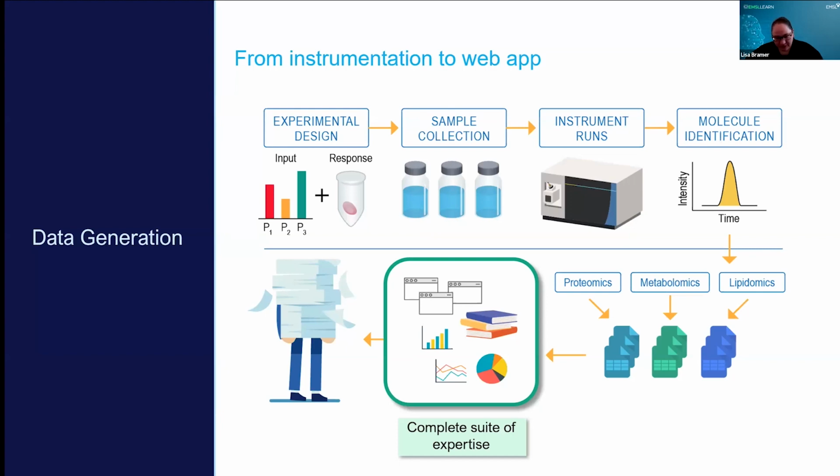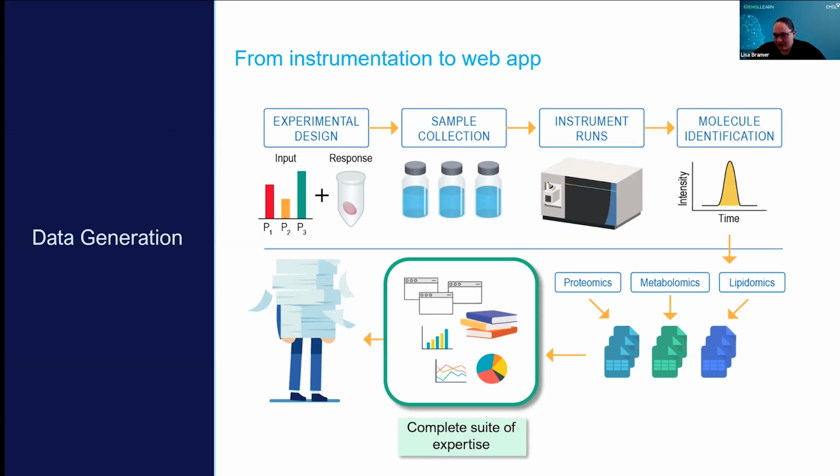One thing to note is that when we generate this data, first, hopefully you are engaging with a statistician at the beginning to do some experimental design, think about the response that you care about. You collect those samples, get them run on one or more instruments, and some sort of molecular identification happens.